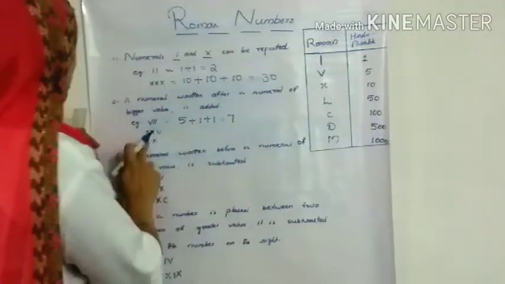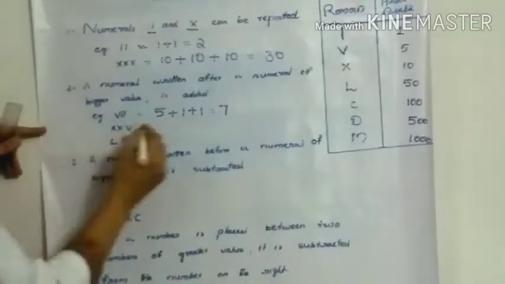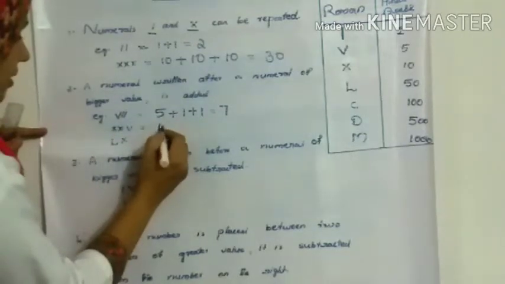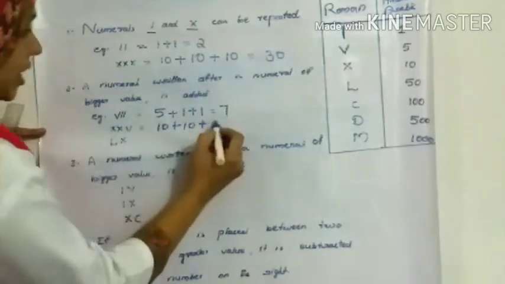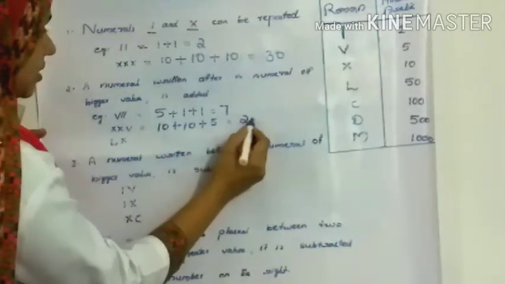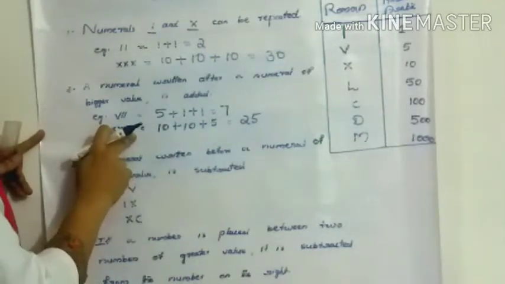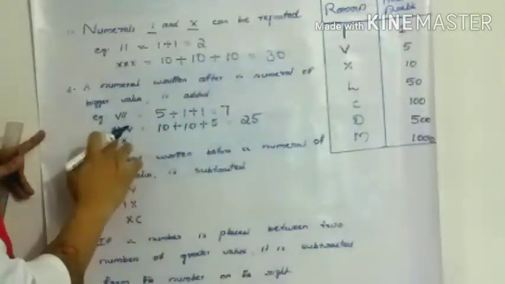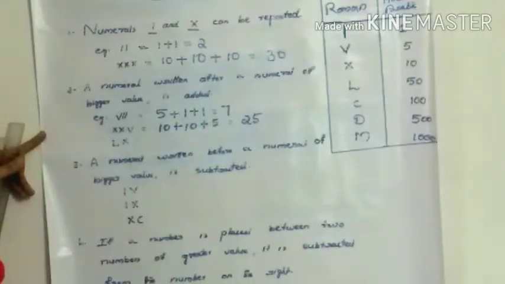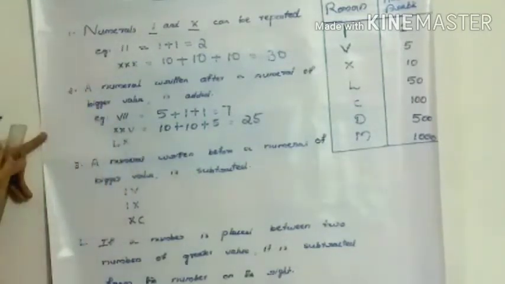The next example: how can we write 10 plus 10 plus 5? That is 25. This one is 10, a bigger value. This one is 5, smaller than 10. If we write it after a bigger value, it can be added. Then 10 plus 10, 20, plus 5, 25.